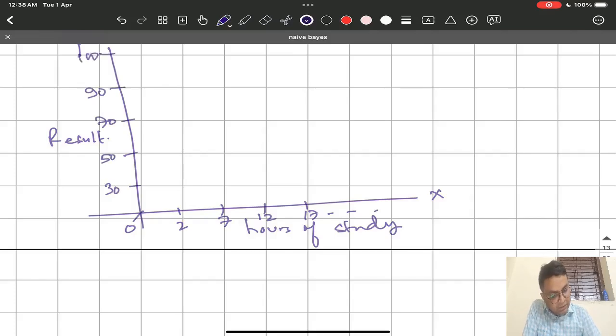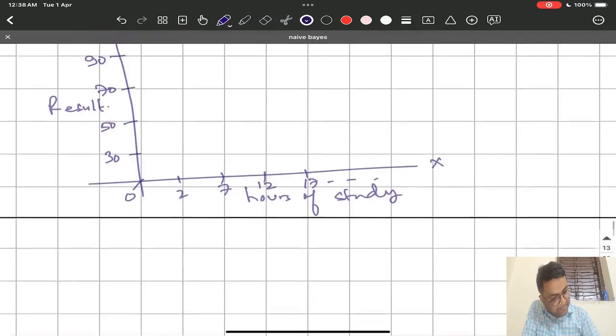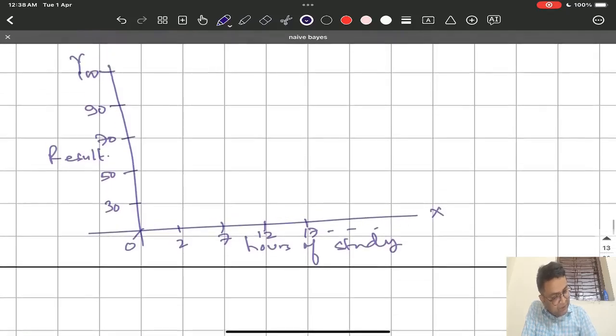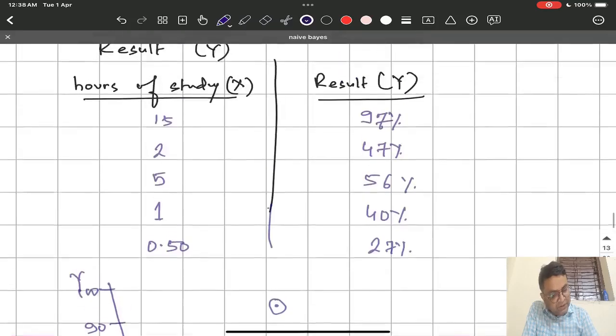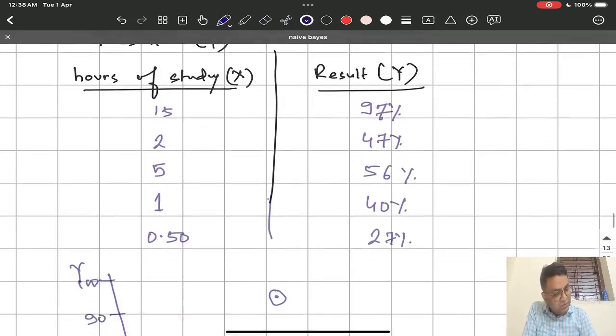Now what is written over here? 15, 97. 15 hours, and the percentage is 97. So you can write it like this. 15 is the hours of study, 97% is the result. Hours of study is 2 and 47%.